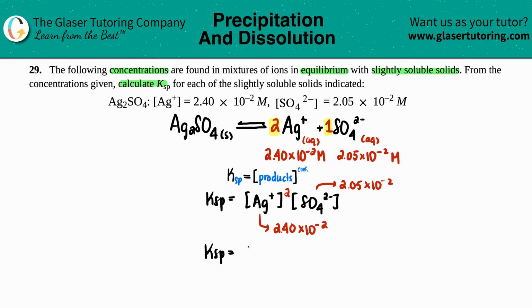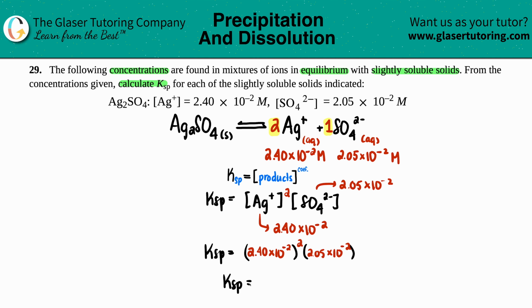KSP equals 2.40 times 10 to the negative second, and that's squared, times 2.05 times 10 to the negative second. You could plug this all into the calculator at once. You can do it in sections. Whichever one you feel more comfortable with, that doesn't matter. Just got to get the right answer.